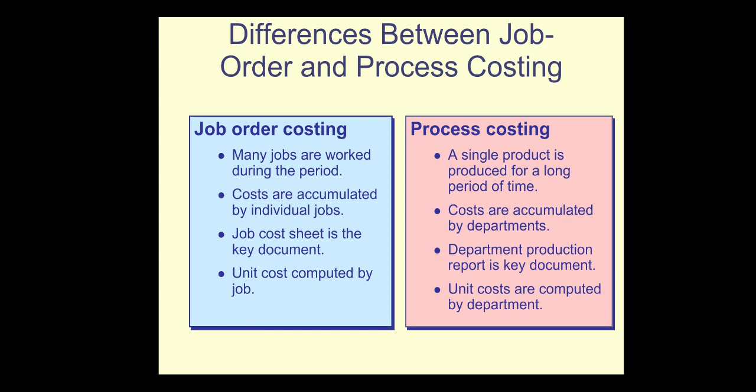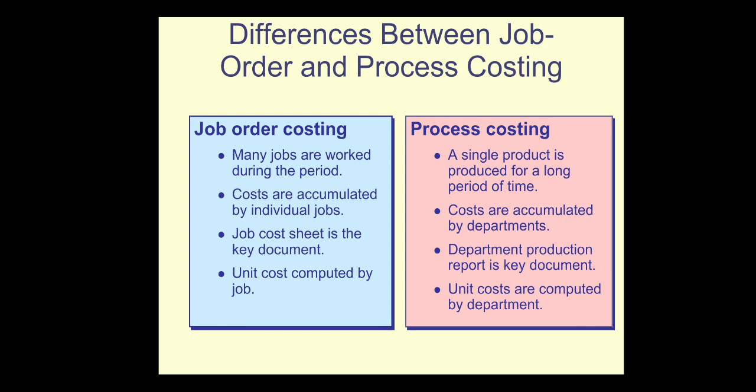So costs are calculated by departments. Total cost equals cost of production in department A plus cost of production in department B plus cost of production in department C, and maybe many more departments.